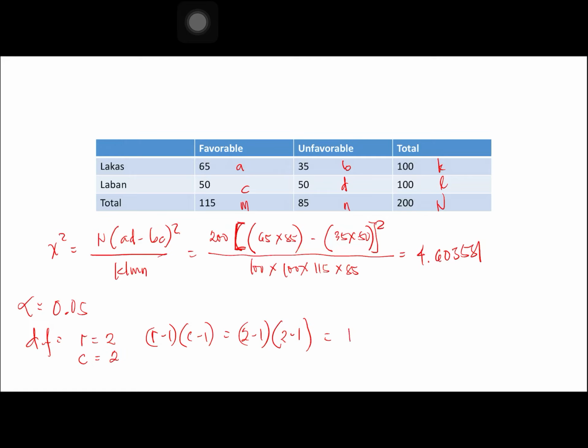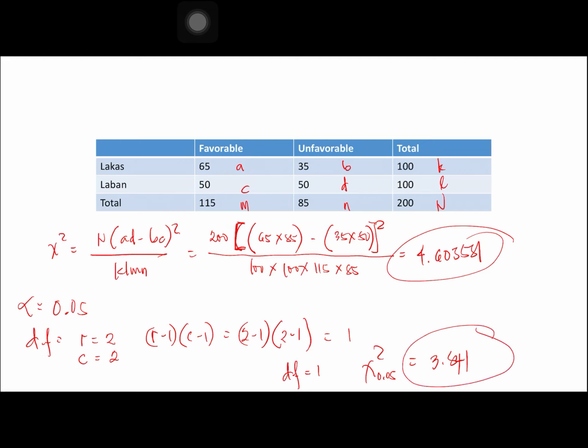So for 1 degree of freedom, our tabular value of chi-square at 0.05 is 3.841. Comparing the two, what will be our conclusion?